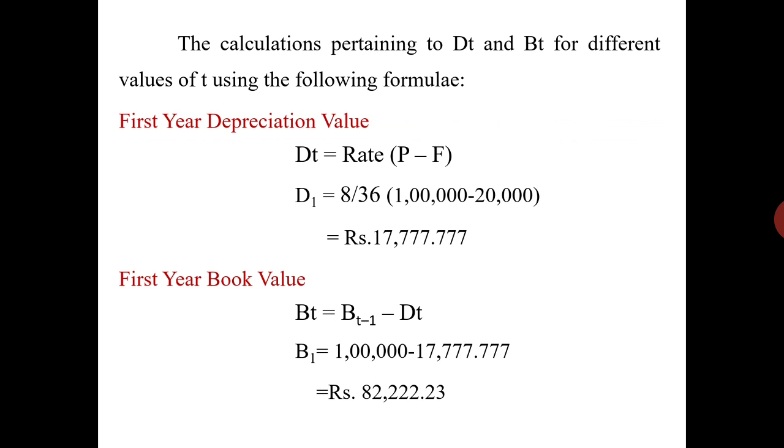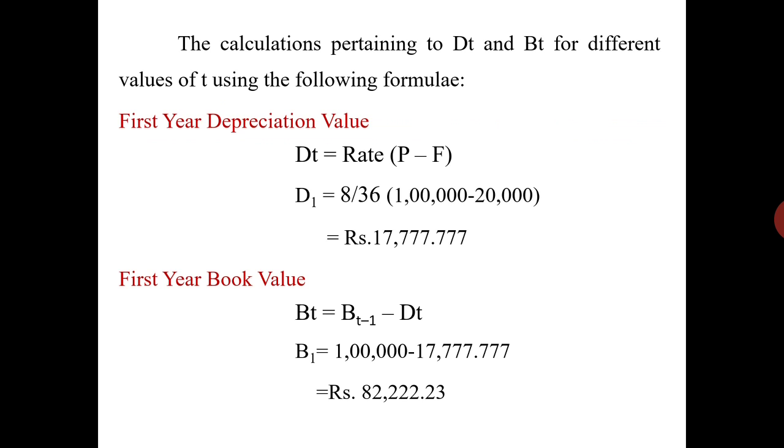Now we are going to solve the first year depreciation value and book value. In the first year, we know the formula rate into p minus f. The suitable values are substituted into the formula. d1 equal to the rate, that is 8 divided by 36, into 1 lakh minus 20,000.